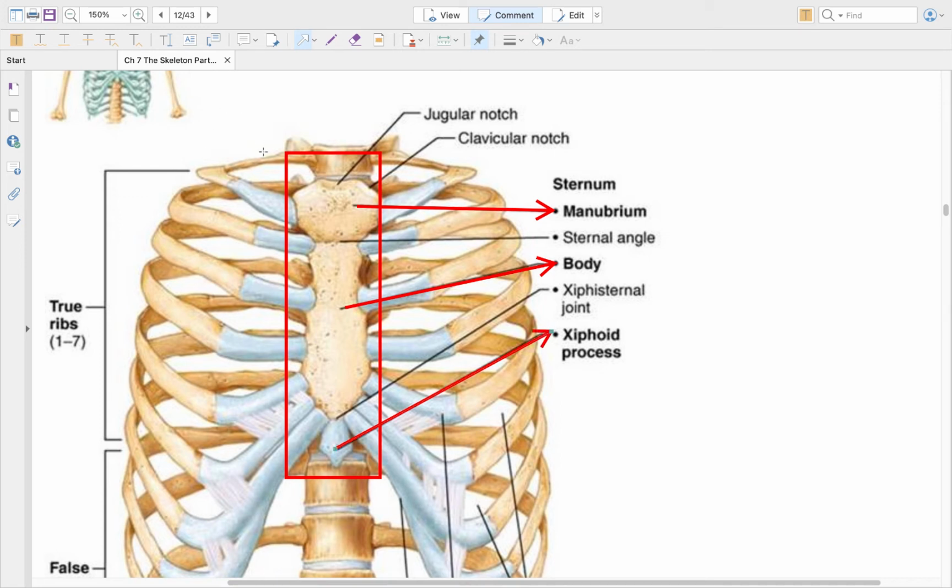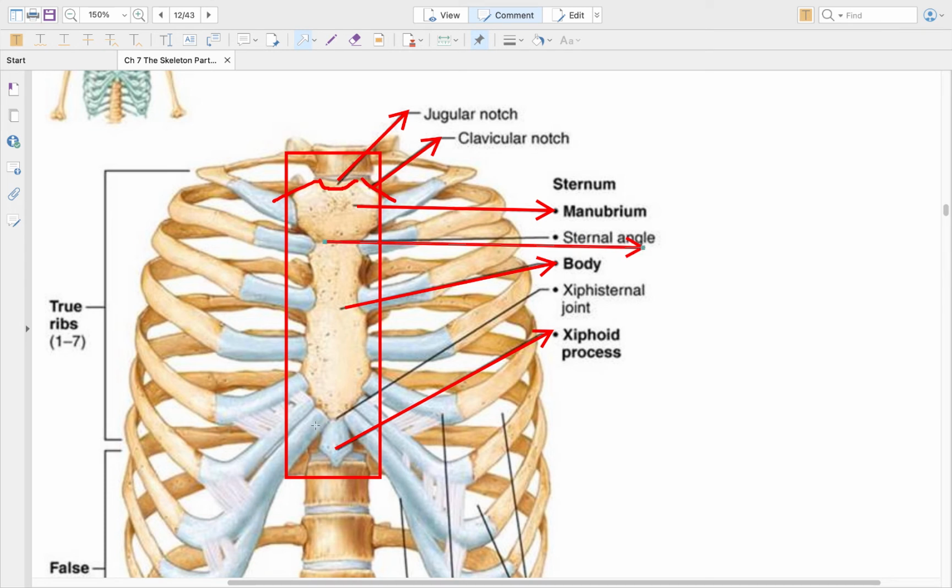Okay. See this little indentation or depression? Okay, that is called the jugular notch. That's in the center. Okay, see how it gets flat on this side and this side? Clavicular notch. That's where the clavicle will join. Okay, then we have several joints here. Because the manubrium and body connect, that's the sternal angle.